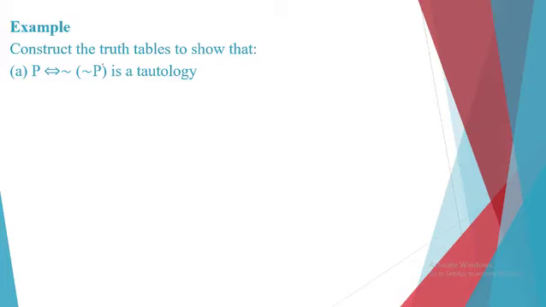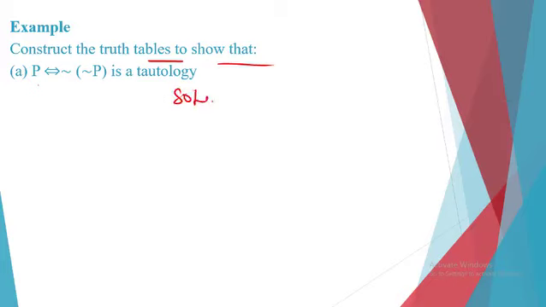Construct the truth table to show that P implies negation of negation P is a tautology. Construct the truth tables to show that P implying negation of negation P is a tautology. How do we achieve this?